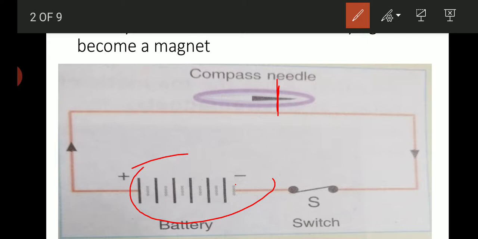The electric current passes through the wire and we observe the needle. The compass needle will deflect from its original north-south position. The deflection of the compass needle shows that the current carrying wire is behaving like a magnet and producing a magnetic field around it.